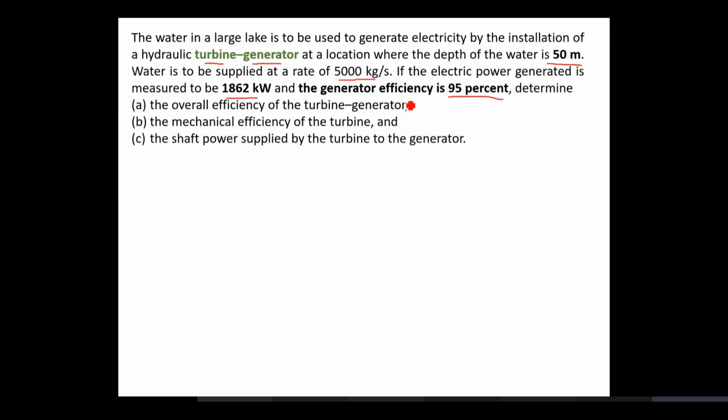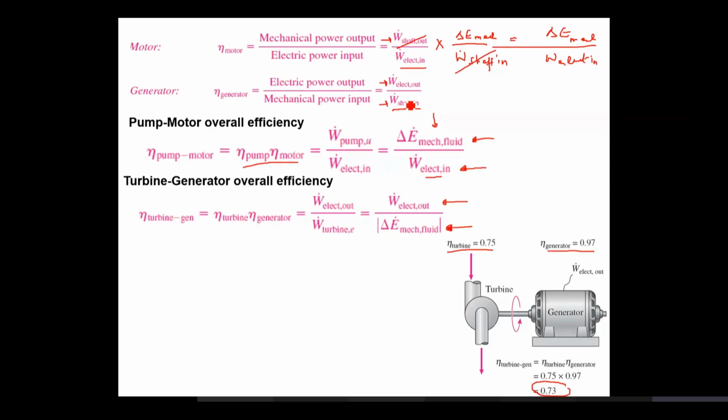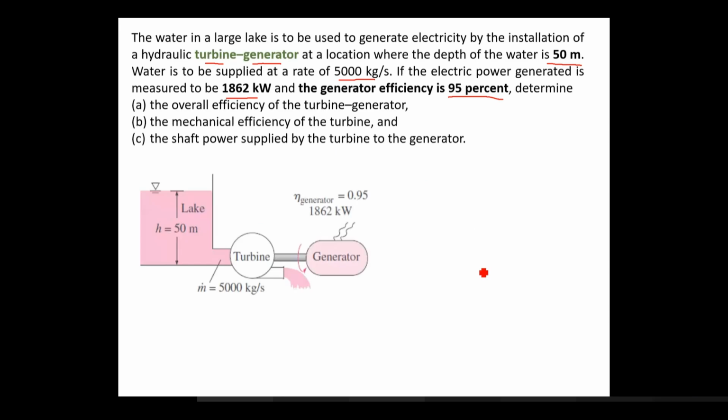If you look at the overall efficiency for the turbine generator, work electricity out is given to you. What you have to determine is the change in mechanical energy of the fluid, which is basically associated with which component? It is associated with the turbine. I have this schematic in front of me.